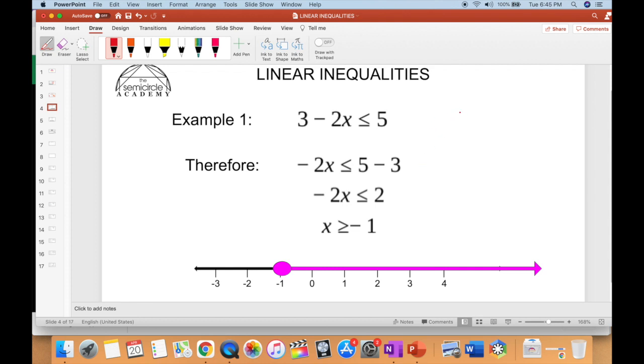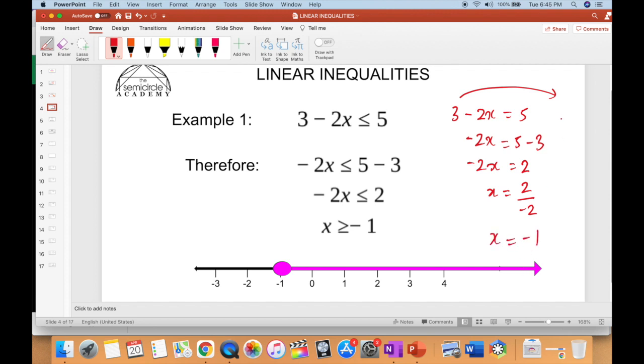So I could have 3 minus 2x equals 5. And I could throw across the 3, so I could have negative 2x equals 5 minus 3. Negative 2x equals 2. And then x is equal to 2 divided by negative 2, so x equals negative 1. So you can see here that I did the exact same thing as if it was an equal sign.